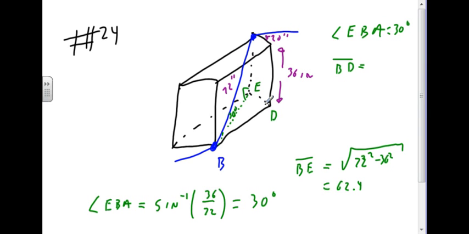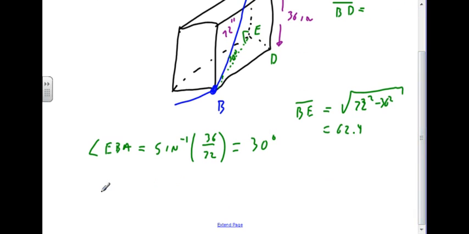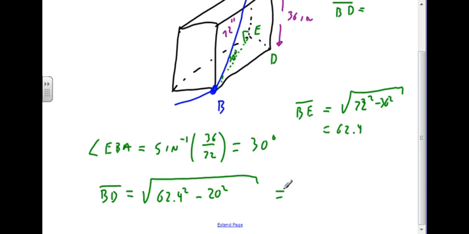Okay, so B to D, square root of 62.4 squared minus 20 squared equals 59.1.